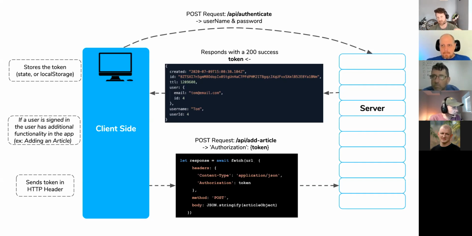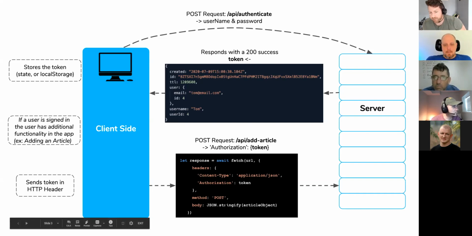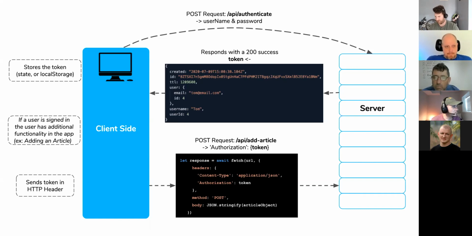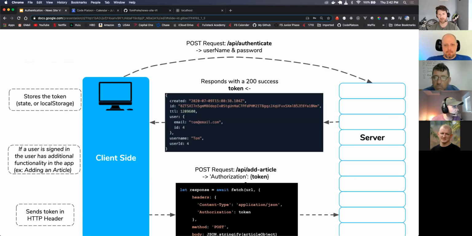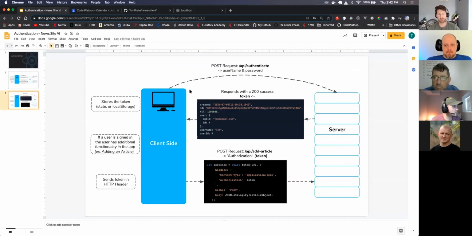In the headers of that post request, I add another key, authorization, and I add that token in there. I also have the actual article object that I JSON stringify. When it comes to the server, it checks to see if this is a valid token. If it is, I'm able to save it to the database. Does anybody have any questions about that right now? We're about to jump right into it.